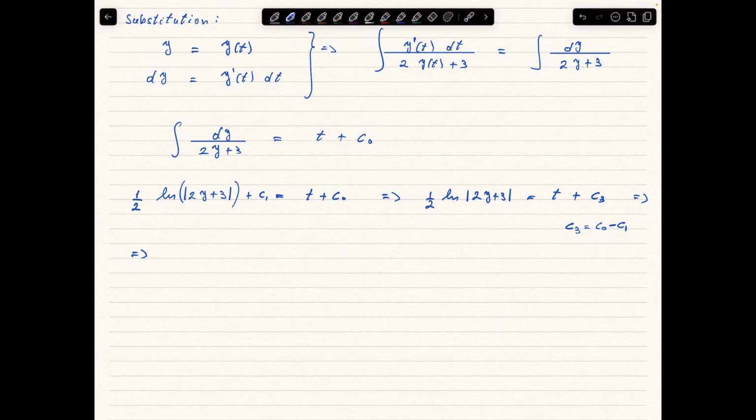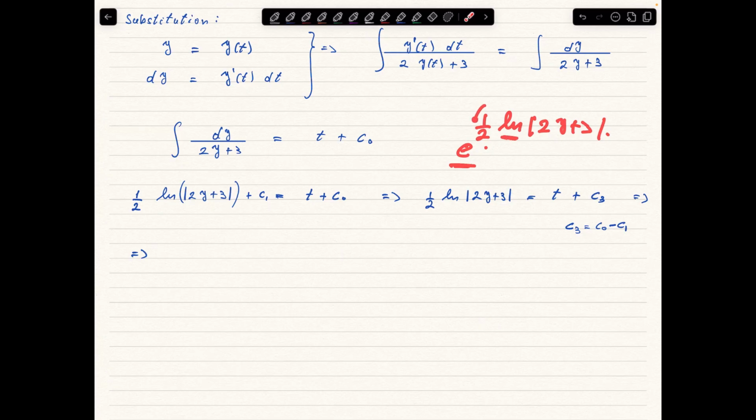Well, we can compute the exponential of both sides, but it's better to get rid of this factor 1/2 first, because if we have this factor 1/2, we cannot cancel this exponential with this natural log.